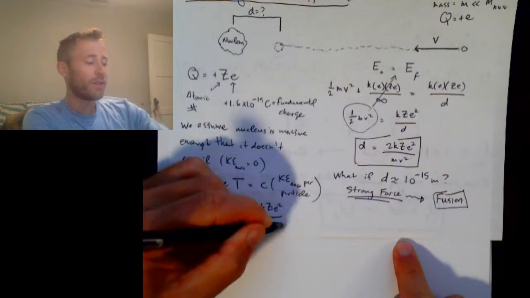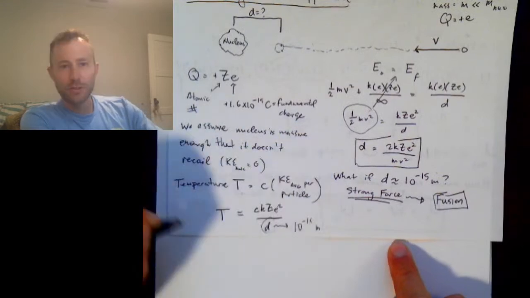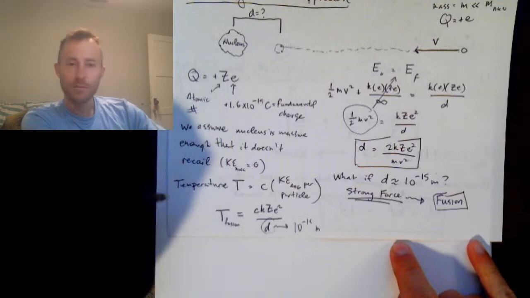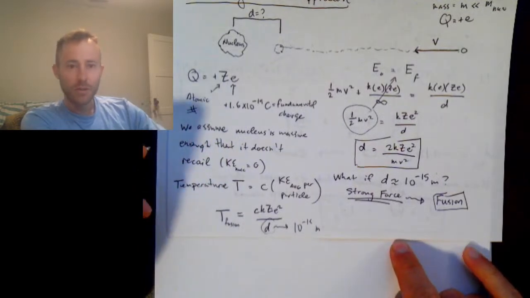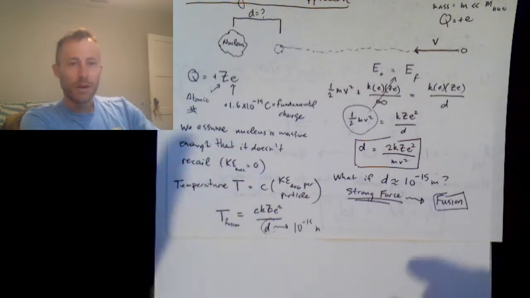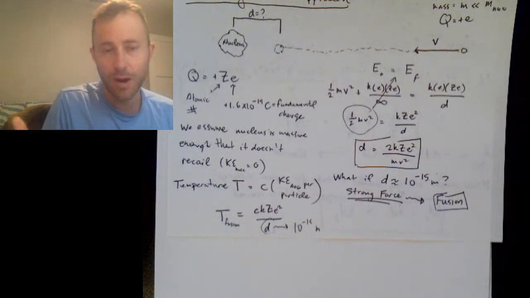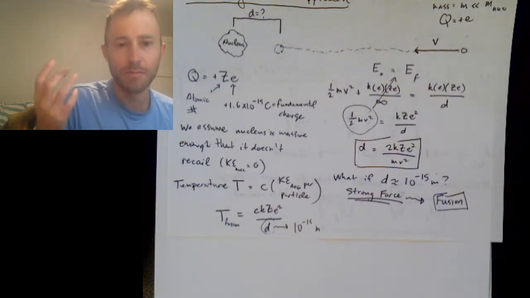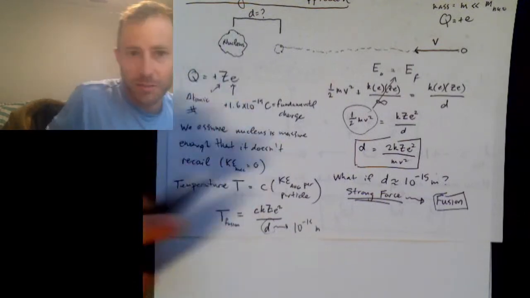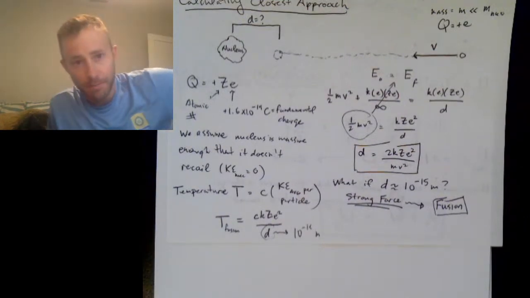Now, if we set that distance equal to 10 to the minus 15 meters, this tells us the temperature at which fusion would occur. All right? So basically, this is giving us an idea of the interior temperature of the sun. Okay, because we know that the sun is powered by fusion, and so the center of the sun needs to at least be this temperature in order for fusion to be occurring.